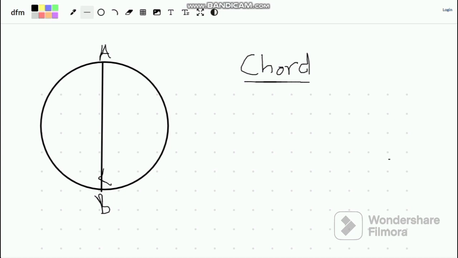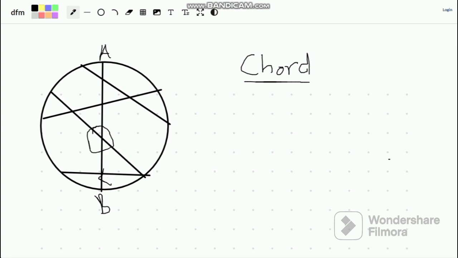To give you a better idea, this can be a chord, even this can be a chord, this can be a chord. The difference is that it's not a diameter, because it does not intersect the center of a circle. A diameter intersects the center of a circle, but a chord never does.